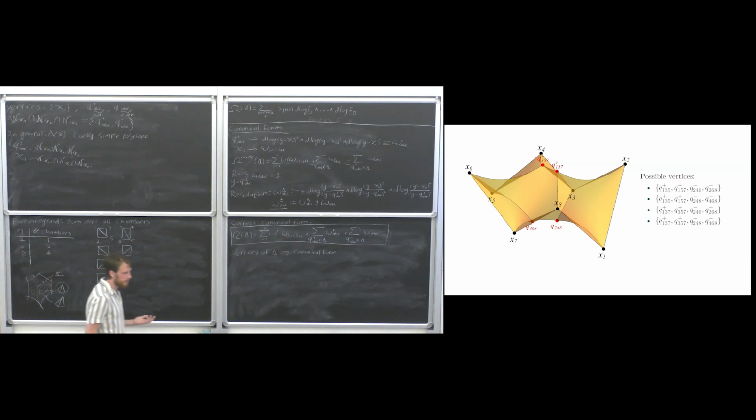And this turns out to be a very general story, actually. In general, the chambers are labeled by triangulations of two k-gons.